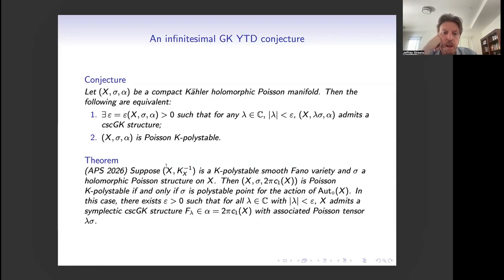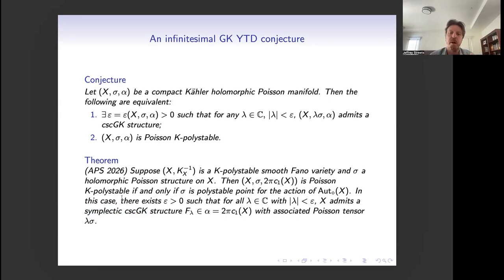If I have X, with K_X inverse, a K-polystable smooth Fano variety, and sigma a holomorphic Poisson structure on X, then this data, with the canonical Kähler class, is Poisson K-polystable if and only if sigma is polystable in the Hilbert-Mumford sense for the action of the automorphism group of X. And in this case the conjecture holds: there exists an epsilon as above, such that we have a symplectic, in this case, cscGK structure F lambda in this class, whose associated Poisson tensor is lambda sigma.